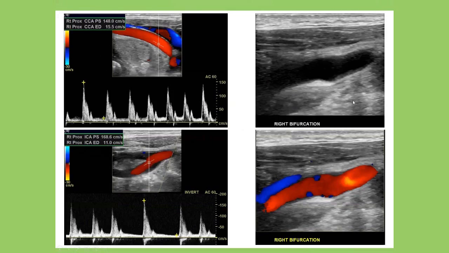The grayscale image shows no significant plaque burden or evidence of luminal narrowing. The color Doppler image shows no color aliasing to suggest the presence of a hemodynamic flow disturbance. So this is essentially a vessel which has no significant stenosis, but the use of our single systolic velocity criterion would have resulted in a false positive diagnosis of stenosis.